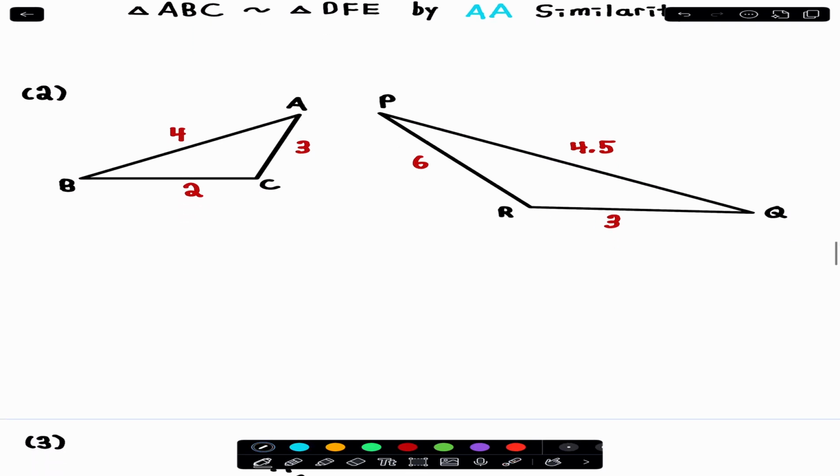It might be a little funny if you're not used to this type of maneuver, but QR, which is 3, is equal to 3 over 2 of BC.